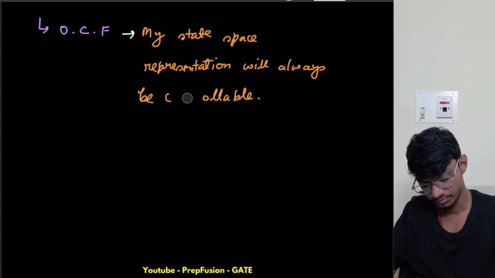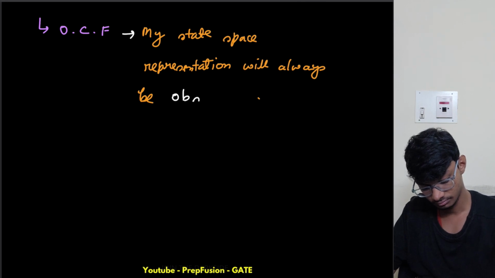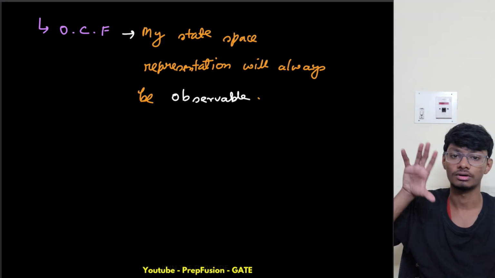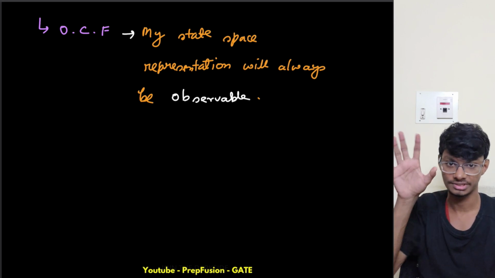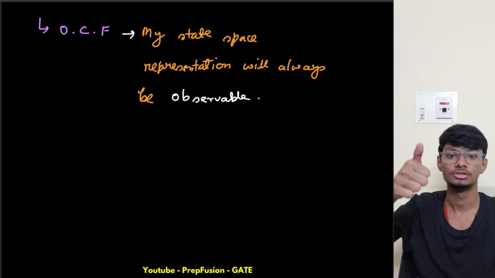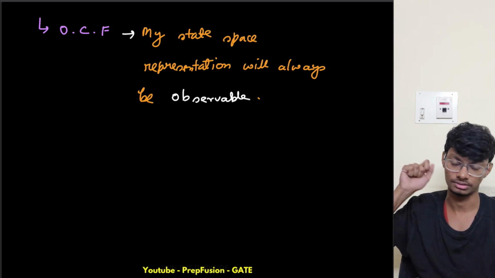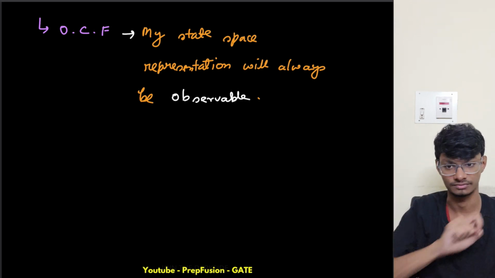But in case of parallel decomposition, we won't be able to tell. We have to check the matrix representation. So if nothing is said, we will always do parallel decomposition on the transfer function.